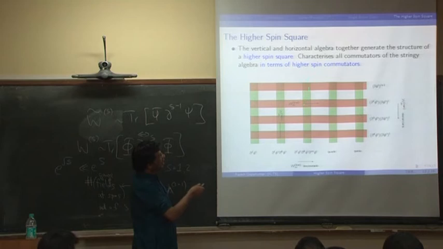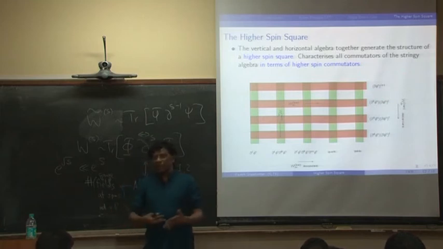This is a descendant by the vertical W infinity, so you might as well go to the top over here. Similarly, this one is a descendant of something over here, so you might as well go to the top of that column. Then you take the commutators here. Those are given by W infinity commutators. You know those. So that's one way of computing this.